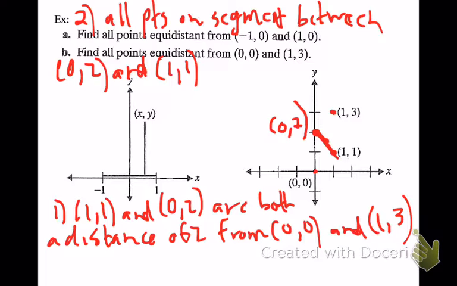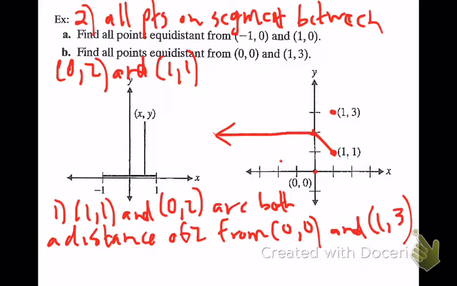So if we drew this line, and then like Eli said, as long as x is less than 0, any point on the line y equals 2, right?